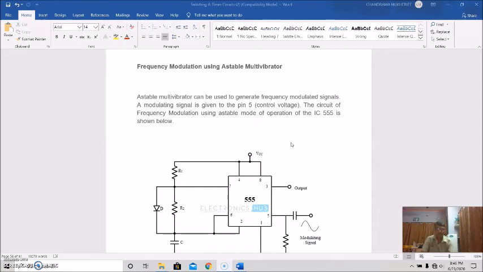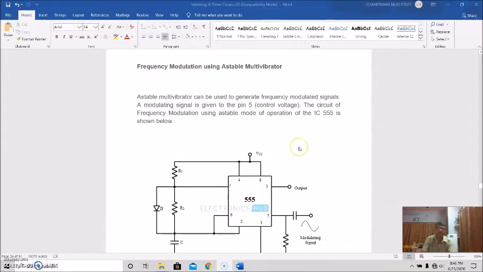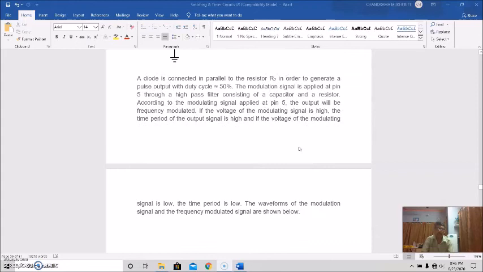Let us start the next topic, that is the use of the 555 IC timer circuit as a monostable multivibrator.